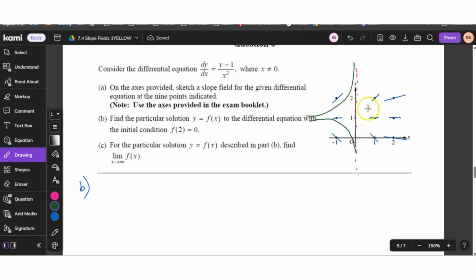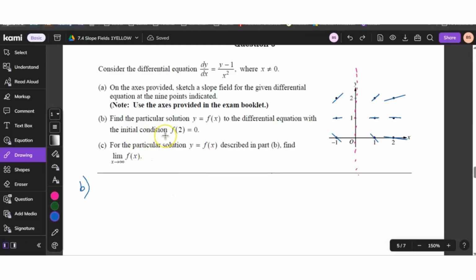On this side, it would be like that, or like that. Those would be my 4 styles. Here, this is an asymptote. The slope is just horizontal.